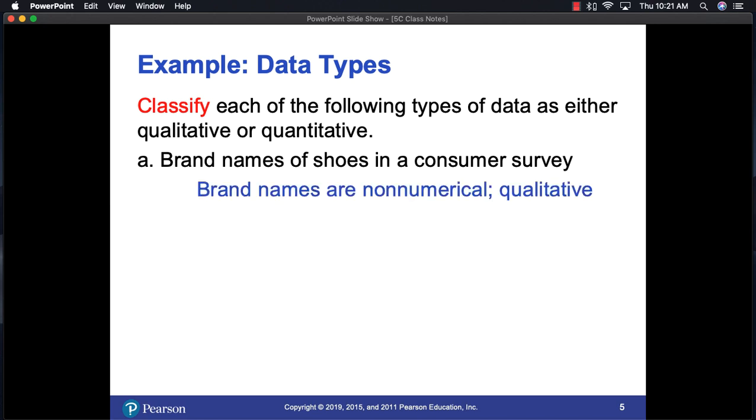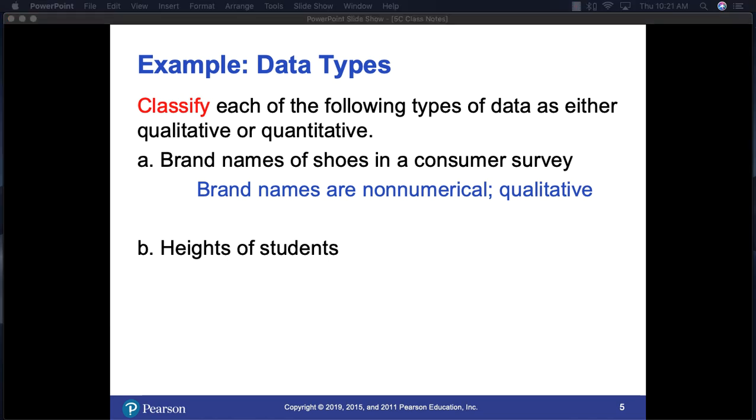Well, that would be qualitative. Brand names are non-numerical, like Nike, Reebok, Adidas, whatever. Heights of students. Well, heights of students are actual measurements, so you could probably guess what that would be.